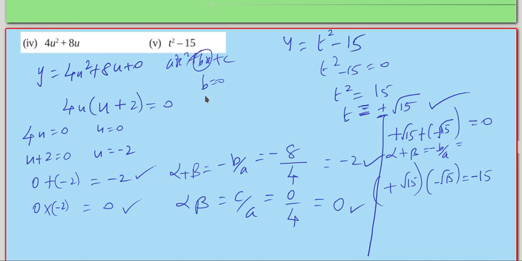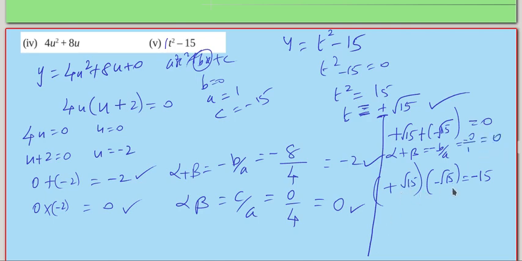Here b equal to 0, a is the coefficient of t square, it has no coefficient so it is 1, and c equal to minus 15. Let me substitute here. Alpha plus beta is minus b by a, that is minus 0 by 1. 0 by 1 is nothing but 0 itself.